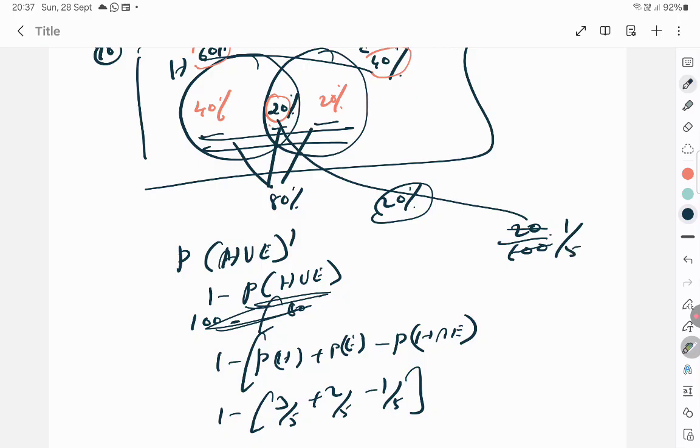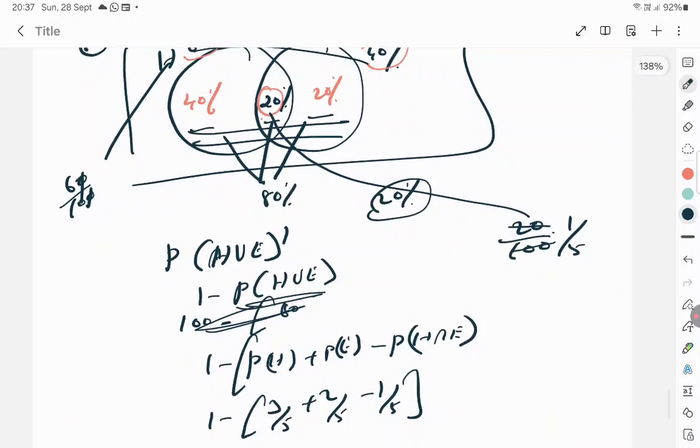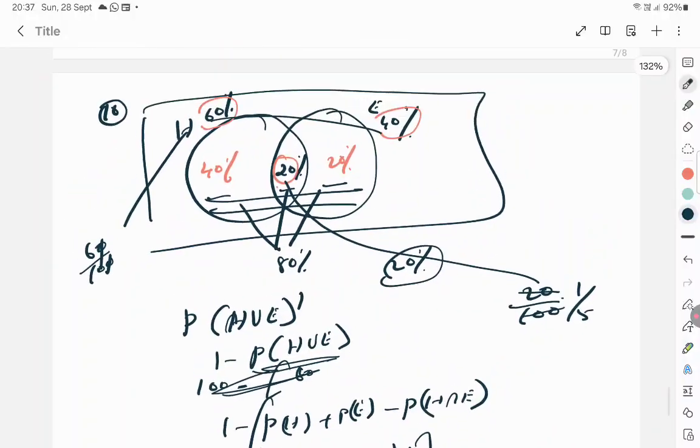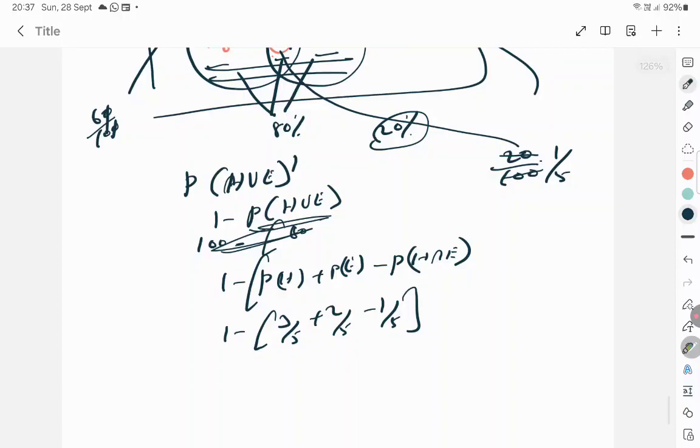P of H is 60 by 100, which is 6 by 10, so it's 3 by 5. And this will be P of E. Like that you can substitute and get the answer. Either way is fine. Let's go to the next question.